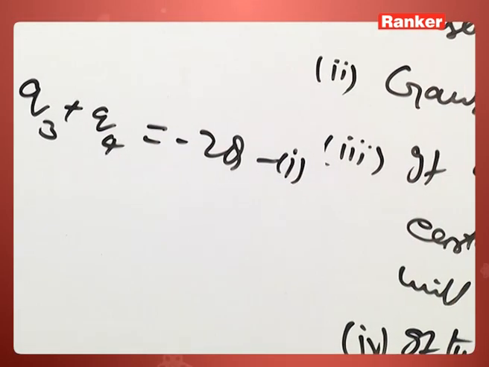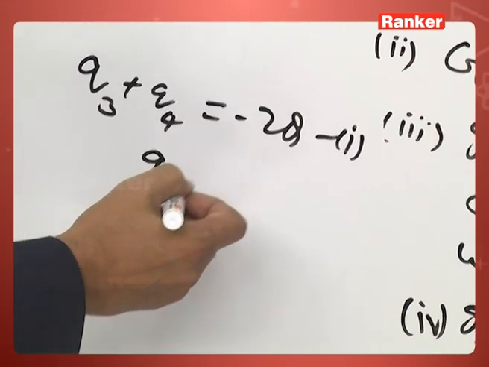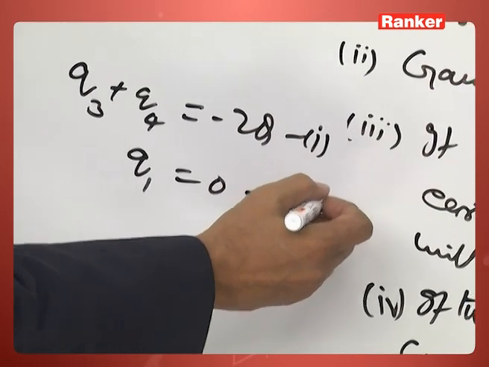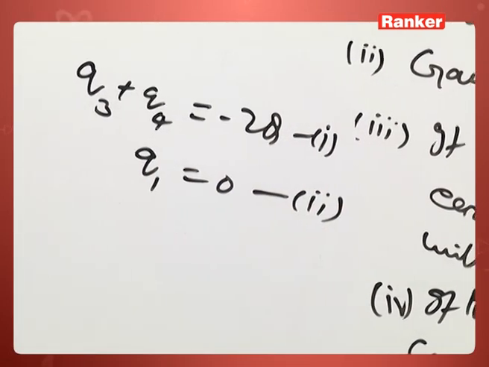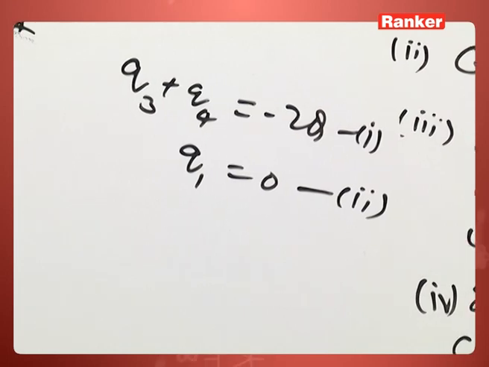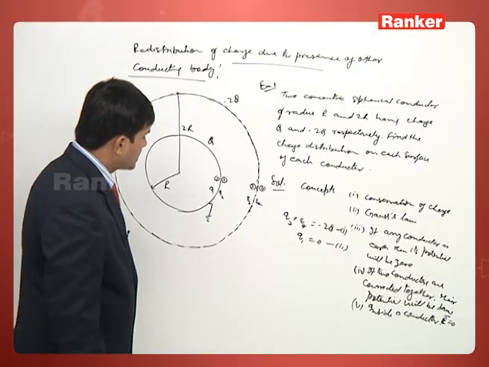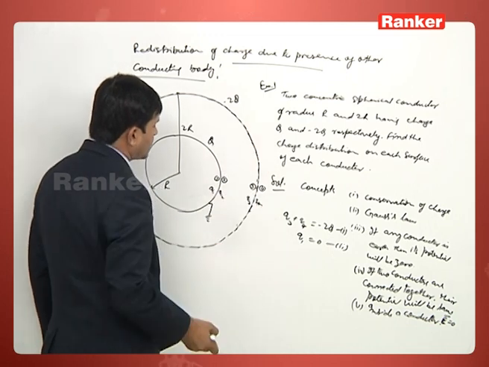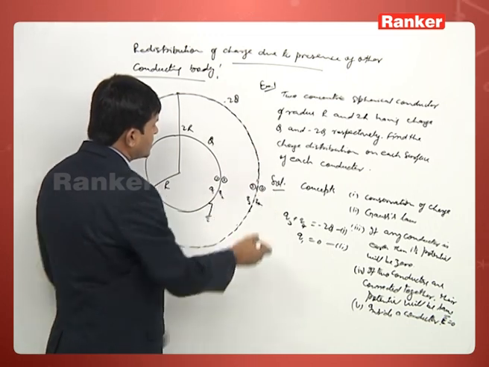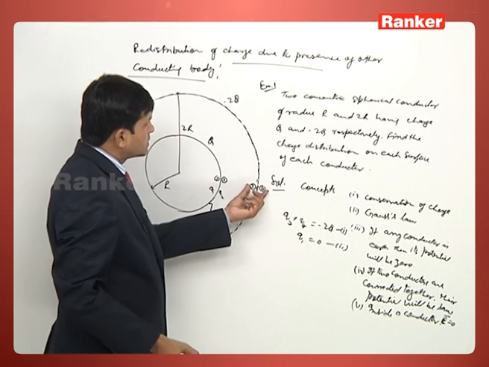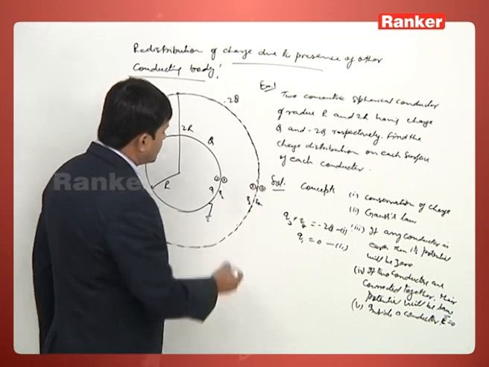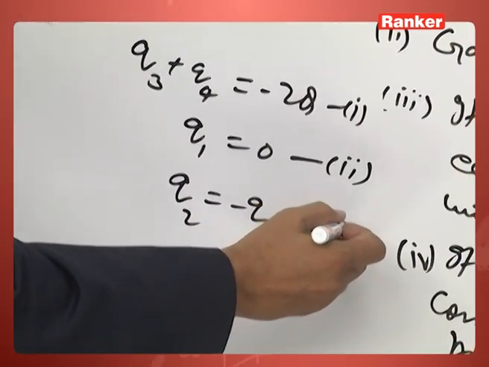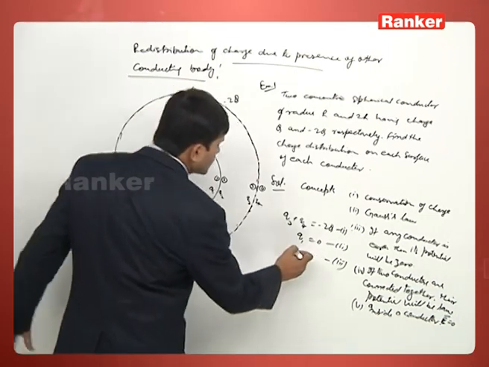Second point is that Q1 will always be 0 here, because at position 1 there is no electric field, so no charge will polarize. Third, again by using Gauss law at the middle of the third and fourth surface, we will get Q2 is equal to minus Q3, minus Q2.